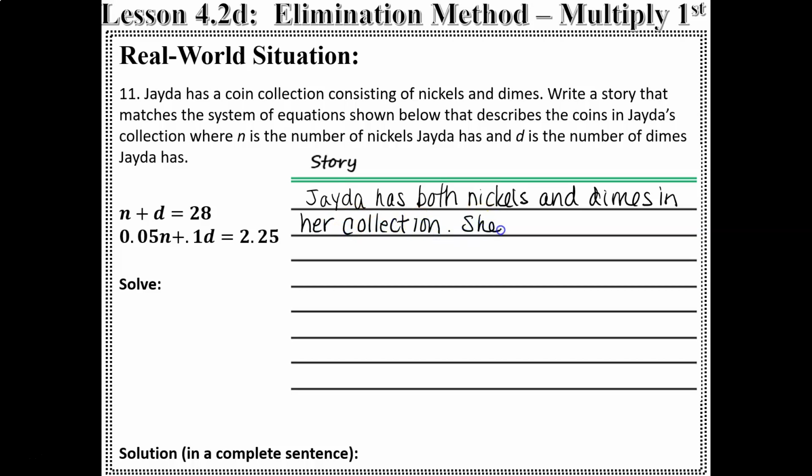She has 28 coins. That total $2.25. How many of each coin does she have? Simple as that.